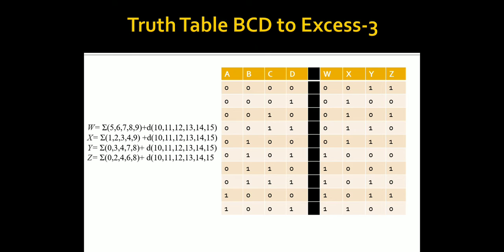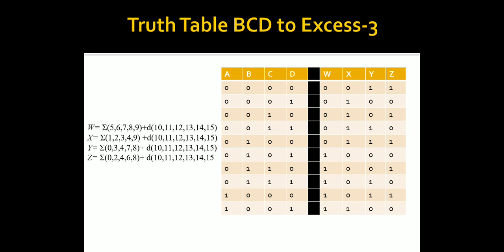Similarly, in the last line the BCD number is 1001, that is 9, and 9 plus 3 is 12. It means in XS3 WXYZ we represent the number by 1100. So the numbers on the left hand side, represented by A, B, C, D, when we add 3 to them, give the XS3 code, represented by W, X, Y, Z.